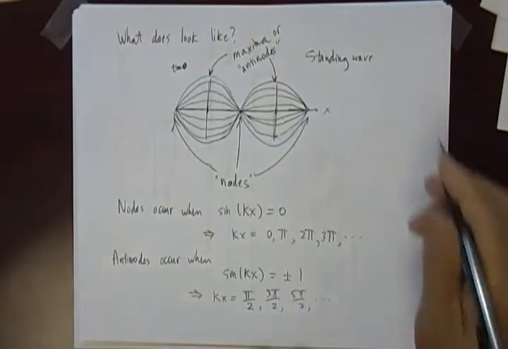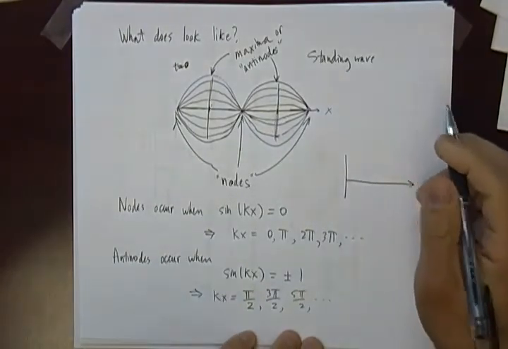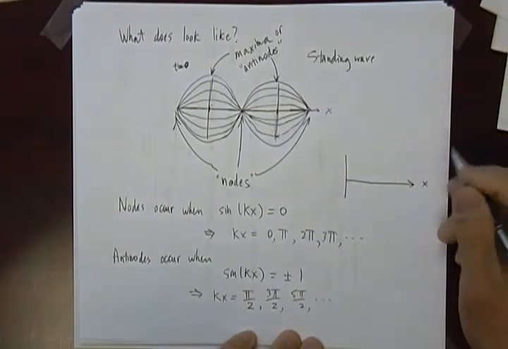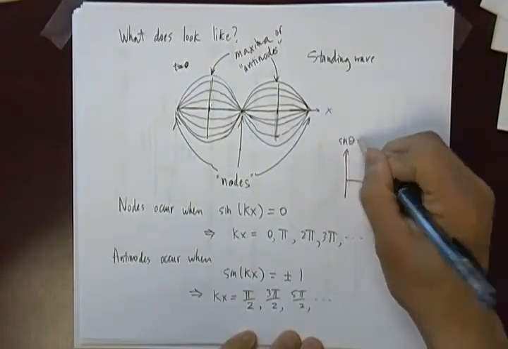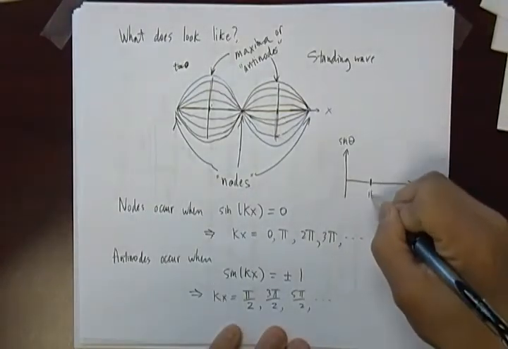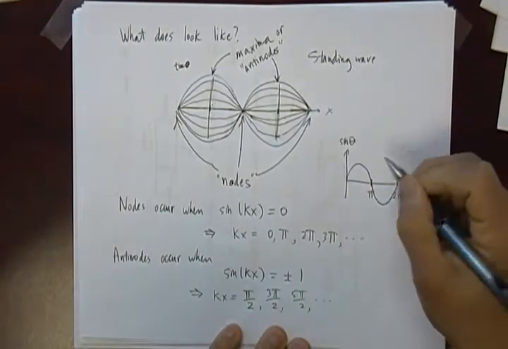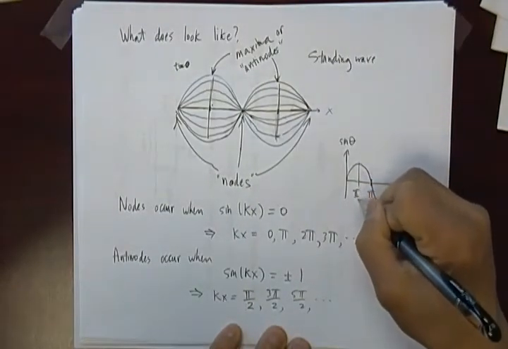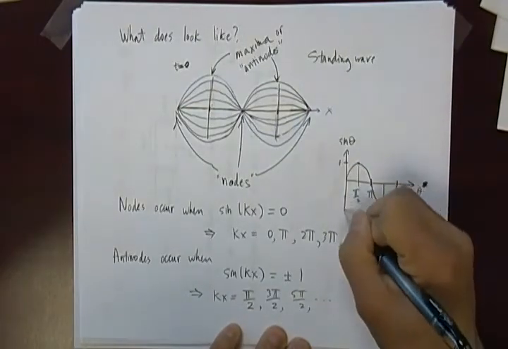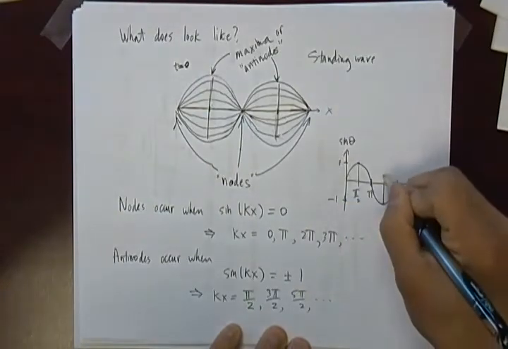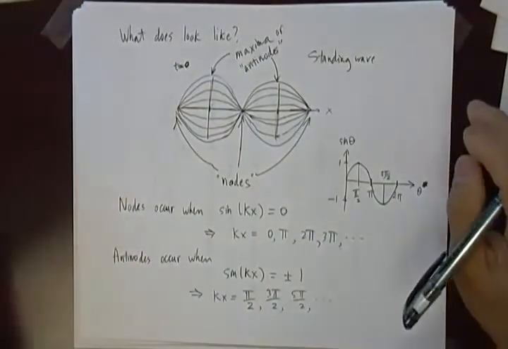If this is not obvious to you, just make a little plot of the sine function in terms of radians. So let me plot sine of theta. Here's pi, here's 2 pi. The sine function goes to 0 here, goes to 0 there. Right here it's equal to +1, and right here it is equal to -1. That's 3 pi over 2. And that's how I get these locations.